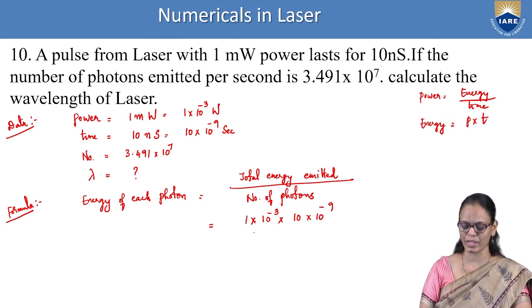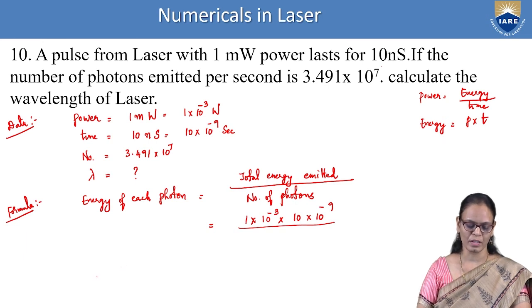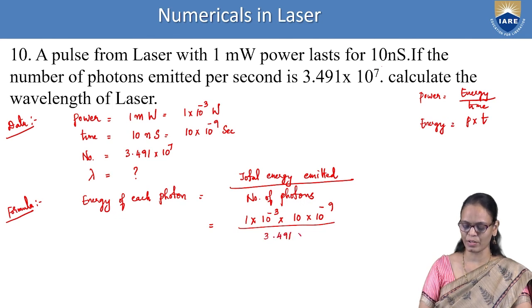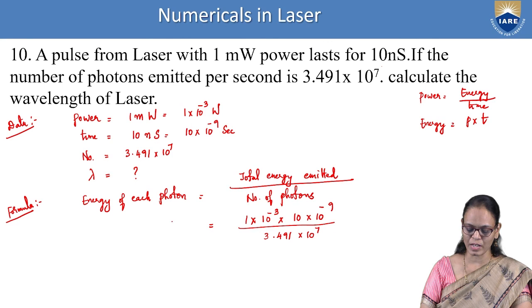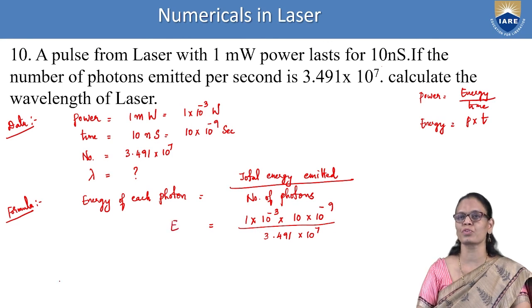So this gives the total energy upon the number of photons that are emitted. What is the number of photons emitted? 3.491 into 10 power 7. So this gives the energy of each photon.